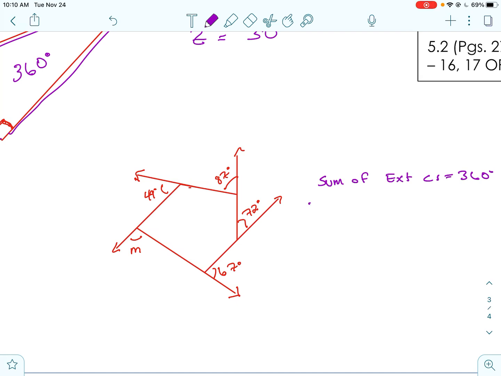So we have 360 minus 72 minus 87 minus 49 minus 67. If you do that, you get that the final angle is equal to 85 degrees. So M is equal to 85 degrees.